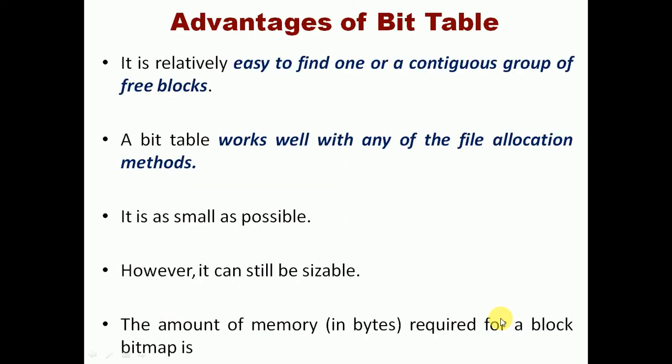So it is easy to identify contiguous free blocks, and a bit table works well with any of the file allocation methods, whether we use FAT or NTFS file systems. It works well, and it is very small.